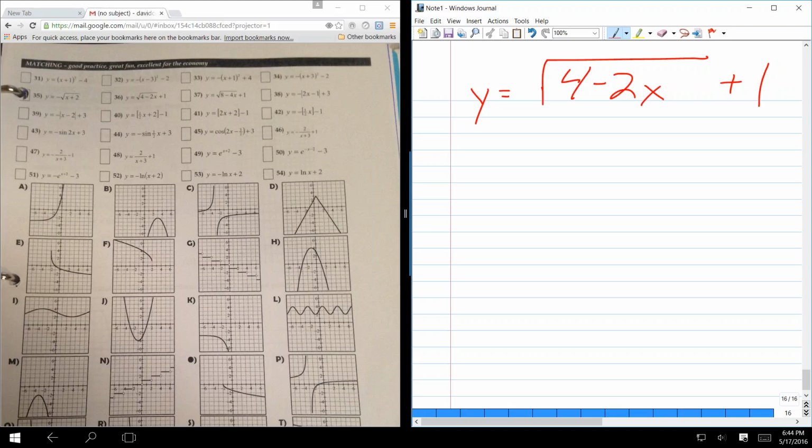Moves it up. Correct. But the inside is a little different than we're used to. Notice that it's got the number here minus the 2x. Well, I could handle that easy enough by writing it like this.